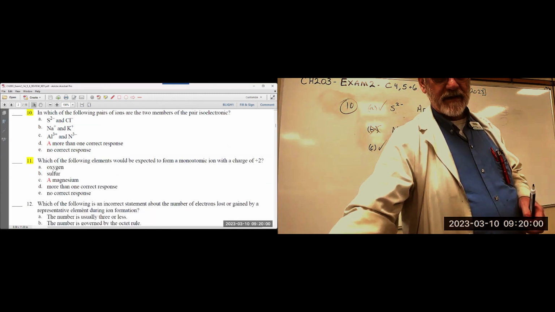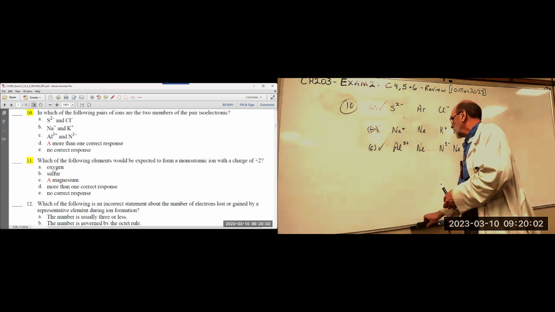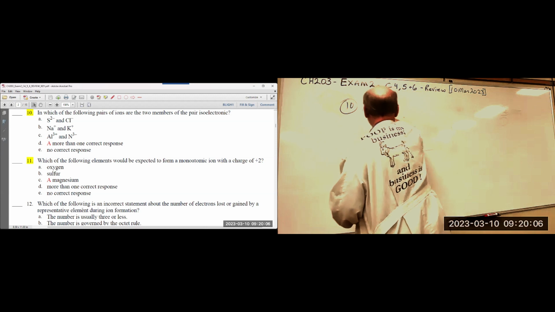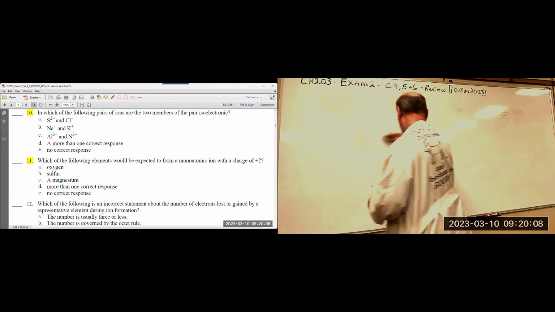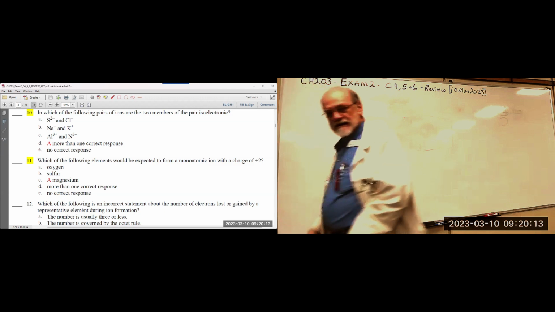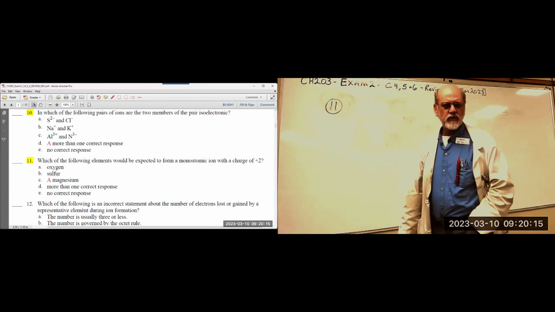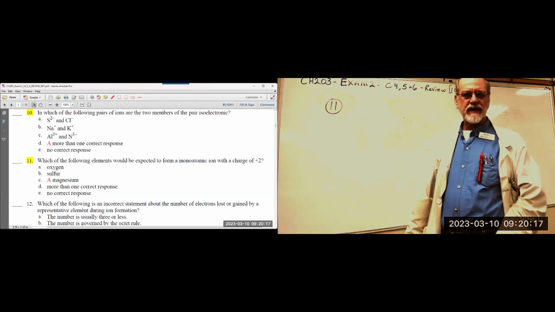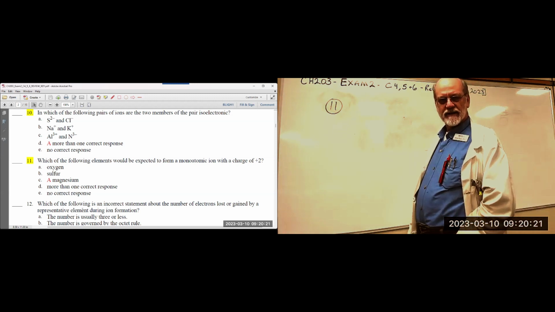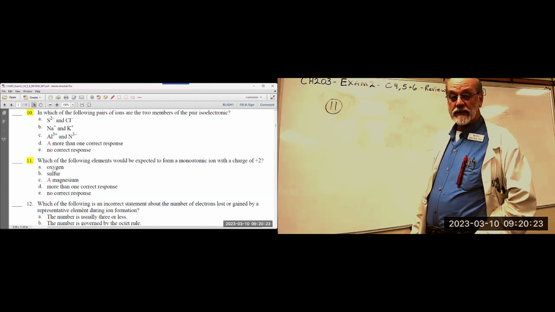All right, 11. Which of the following elements would be expected to form a monatomic ion with a charge of +2? Monatomic, okay, so that's 1 atom.